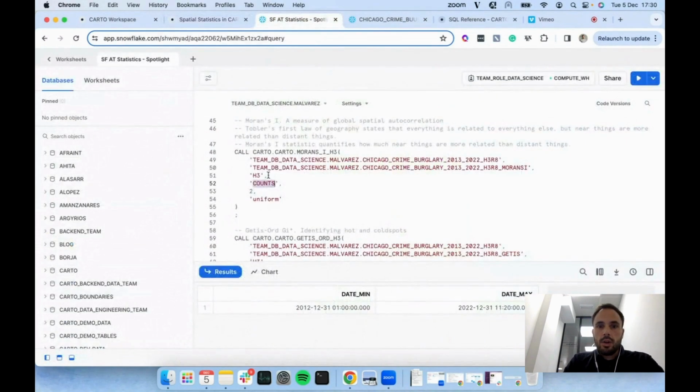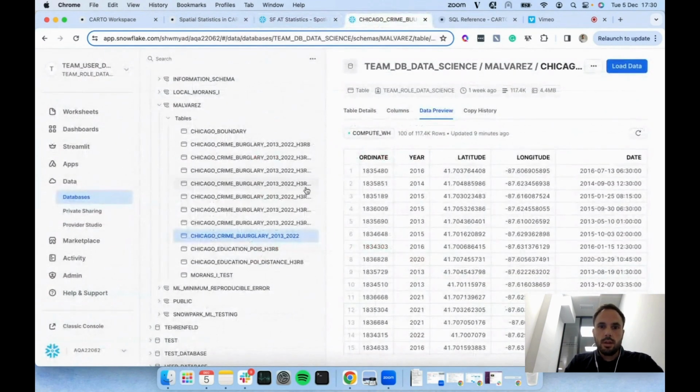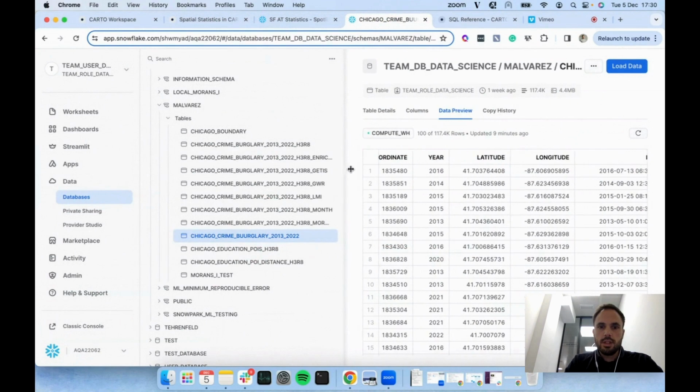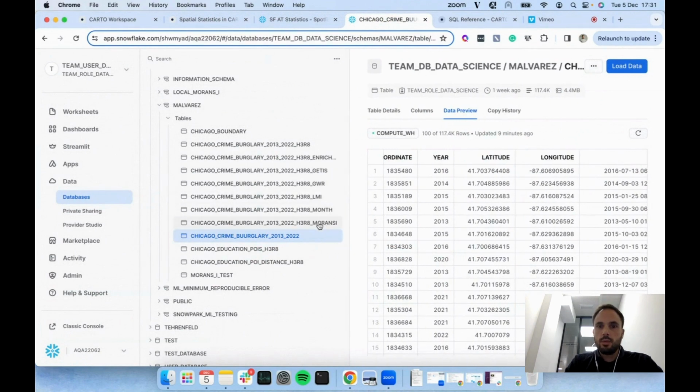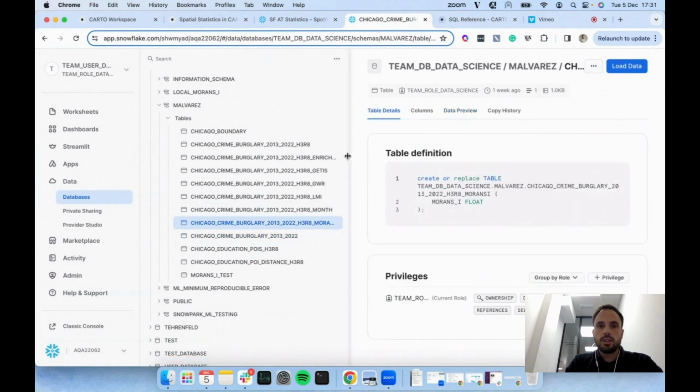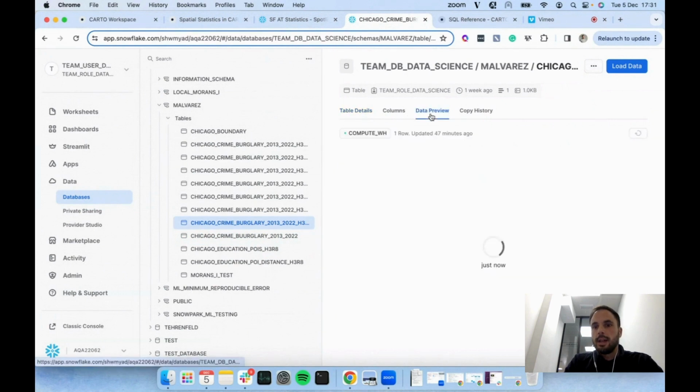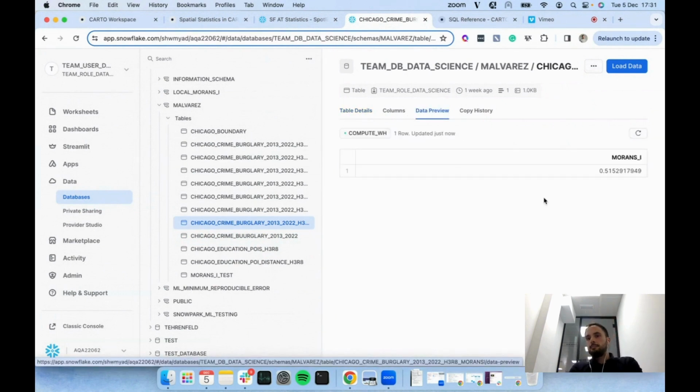We run this code again, and we see that we generate this resulting table. So if we go back to all the tables that we generated here, we just have to go to the Moran table, which is the one that stores this information. And we can see that we got a Moran's I of 0.51529, which again, Moran's I provides a value from -1 to 1, where 1 means perfect autocorrelation.